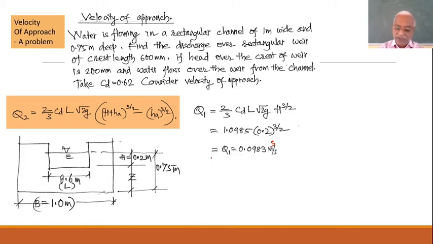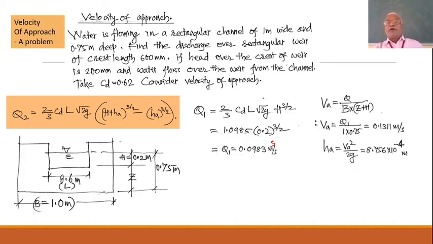That is the discharge. Now, once you know the discharge, I can calculate velocity of approach. Velocity of approach is given by Q divided by the total channel width B and this height, that is 0.75, so Z plus H is 0.75.